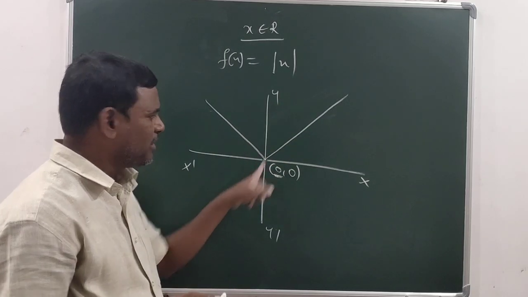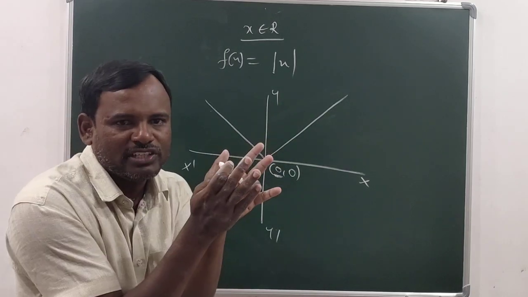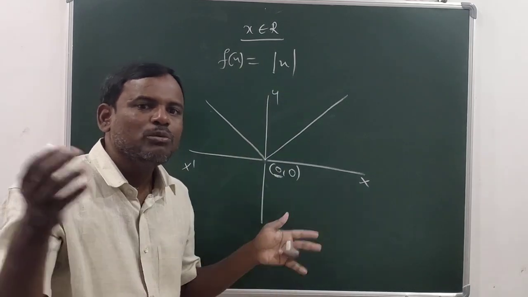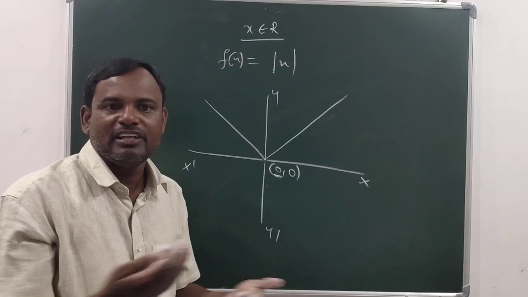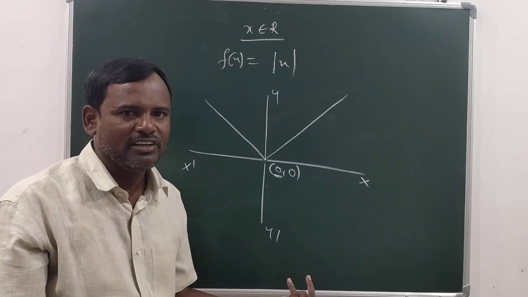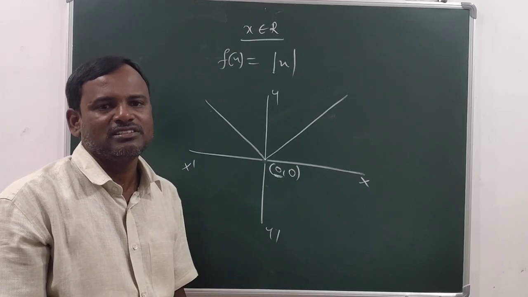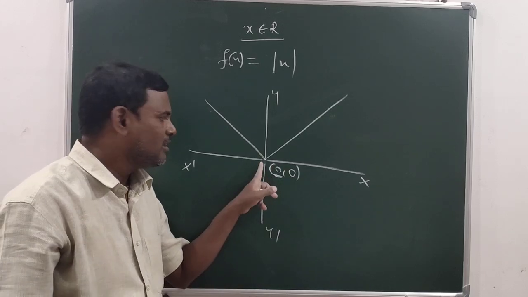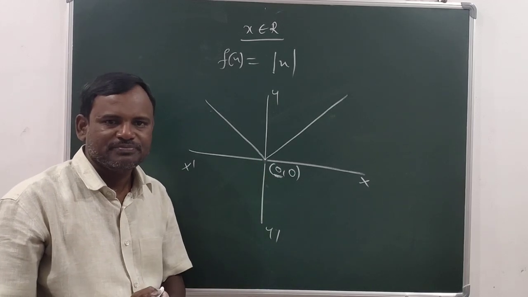But in this type of case, both will not be coincident. Hence, both slopes will be different. Hence, those functions will not be differentiable at sharp ends.